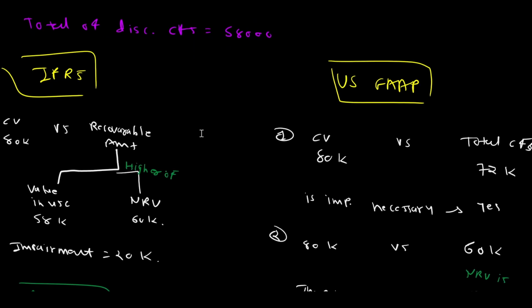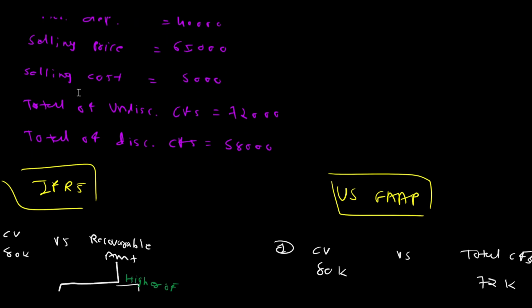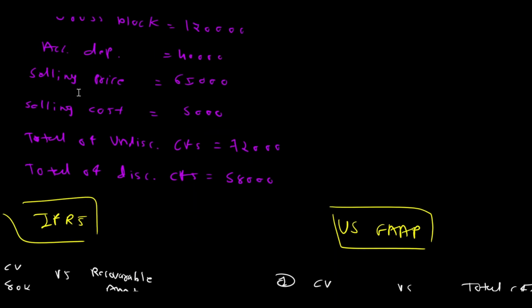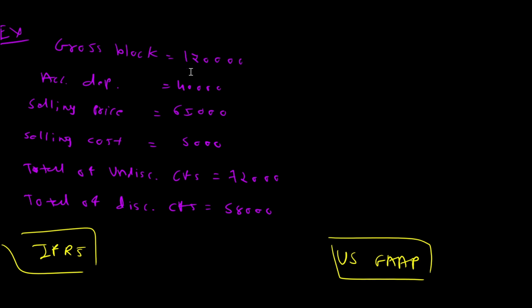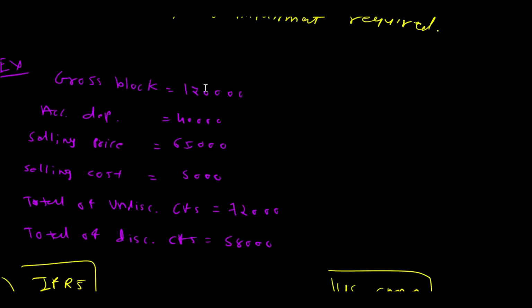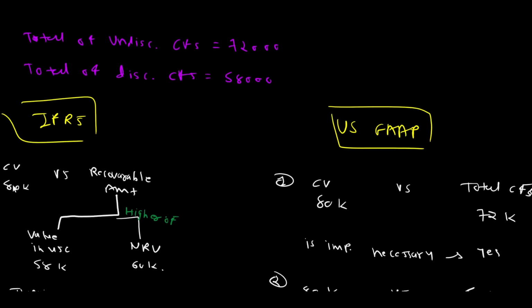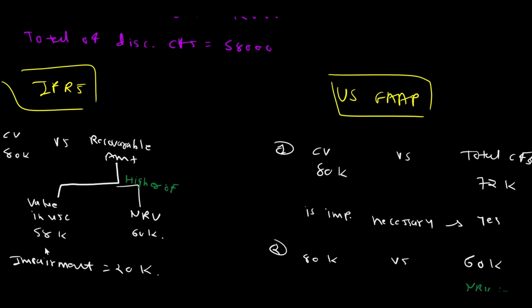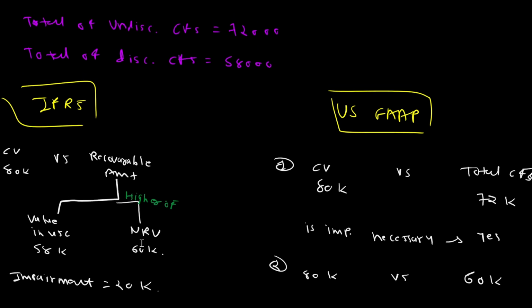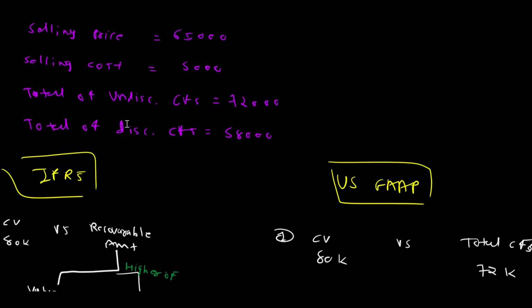So in IFRS, my carrying value is 80, the net block: 120 minus accumulated depreciation 40. 80 is my net block versus recoverable amount. Value in use is 58k, my discounted cash flow, and net realizable value is 60: 65 minus 5, selling price minus selling cost.